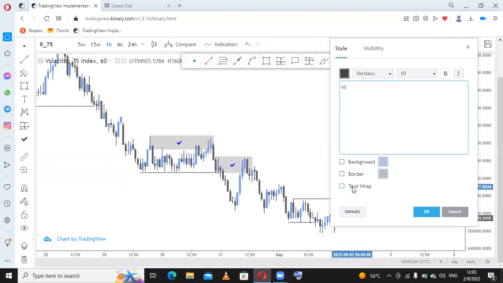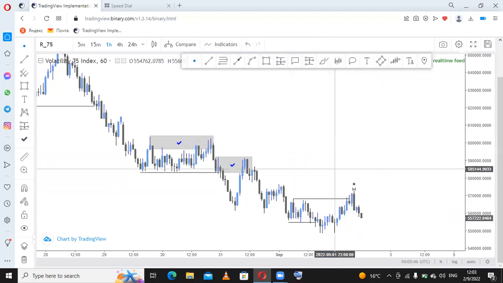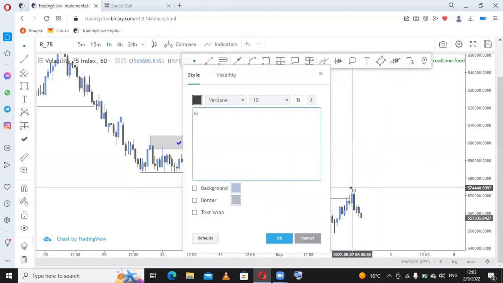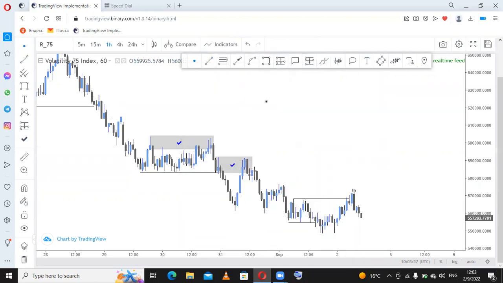This one is a lower high because we're in a downtrend, right? So a new lower high, like this. Okay, and price is coming from the supply zone.